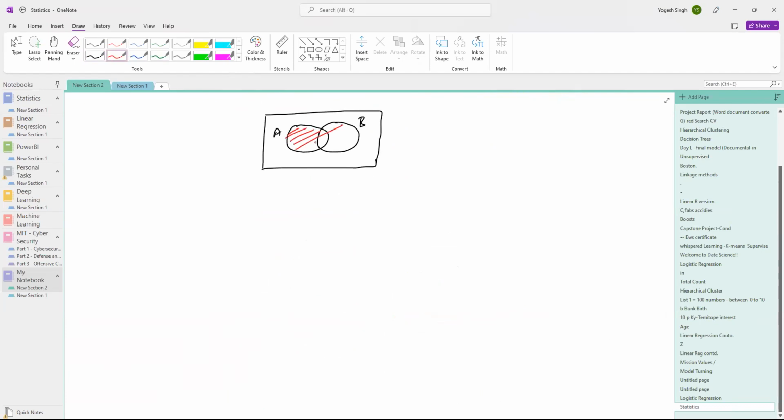Entire space किस केस में होगा? When either of them suffice. Either of them means A or B. When I take this, probability becomes P(A union B).